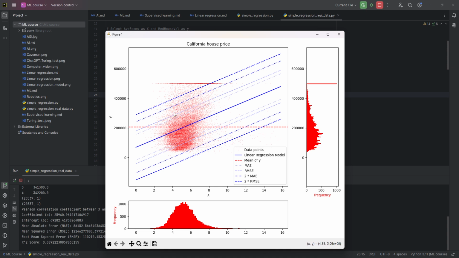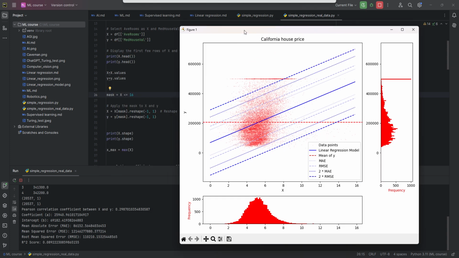A distribution that looks like a ball usually doesn't have any linear predictive value.